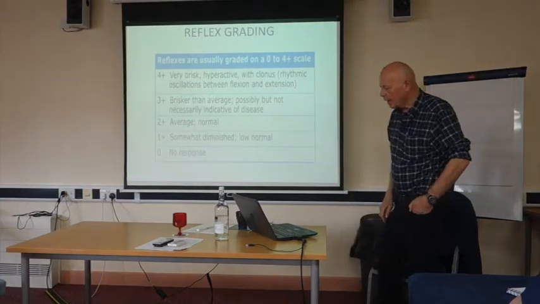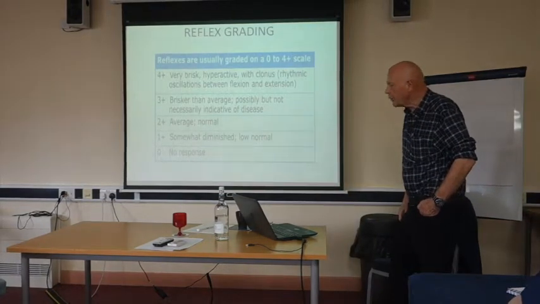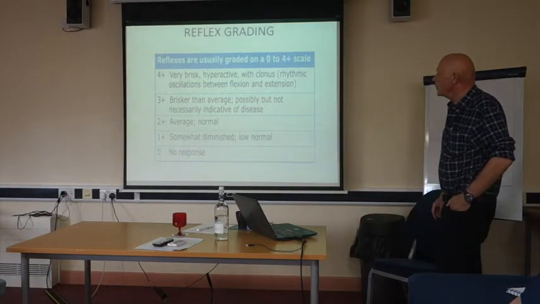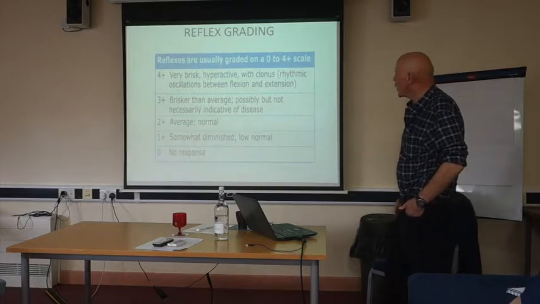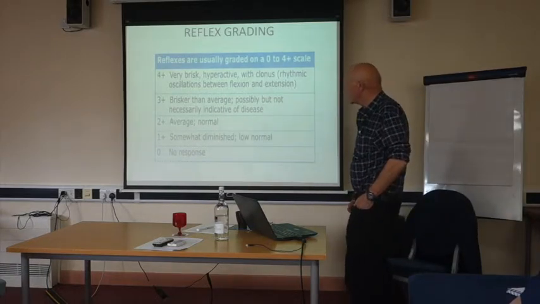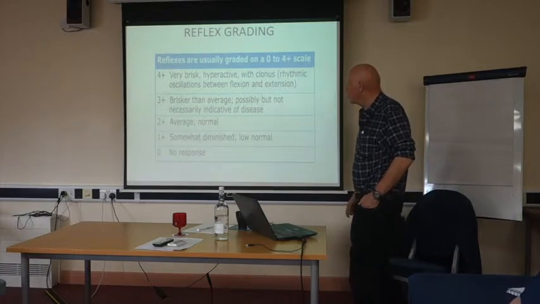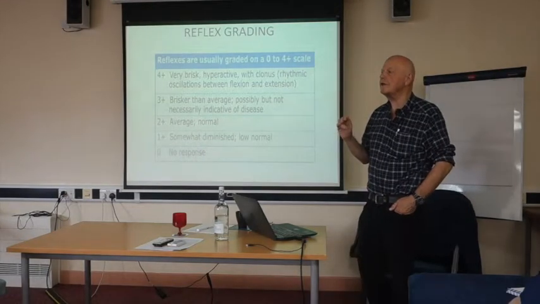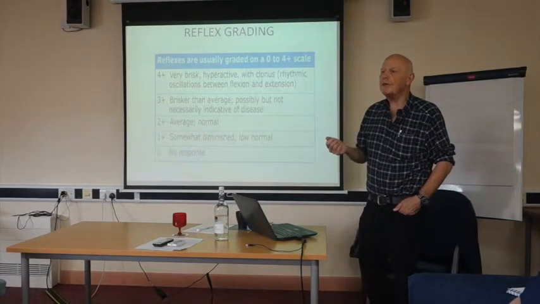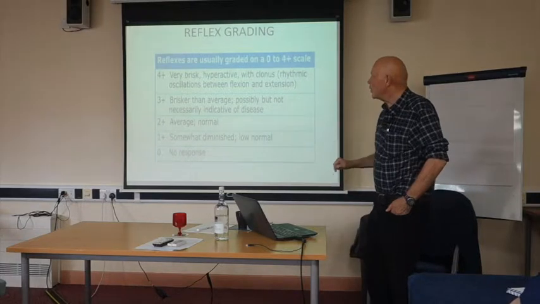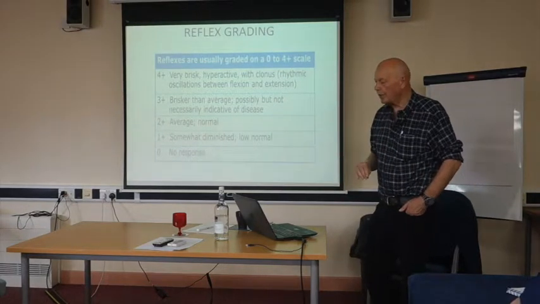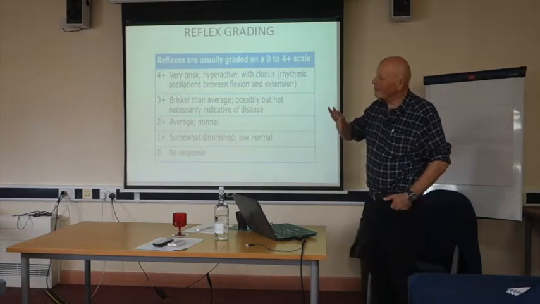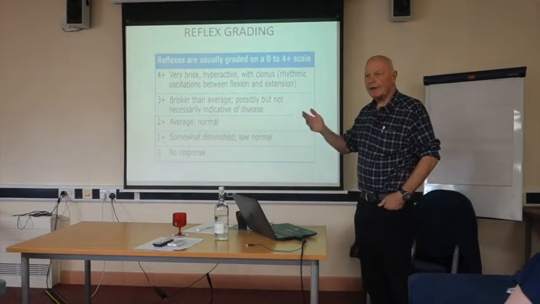And you've got this thing of, you can, if you wish, grade the reflexes. So from 0, no response, 1, diminished, could be normal. You've all seen patients who it's very difficult to elicit reflexes, but you know there's nothing wrong with them. So that could be normal. 2 is what it would normally be classed as normal. 3 is a bit brisker, not necessarily pathological, but making you think that way.